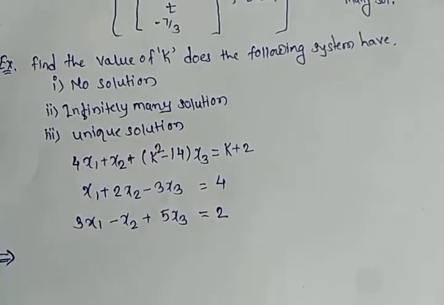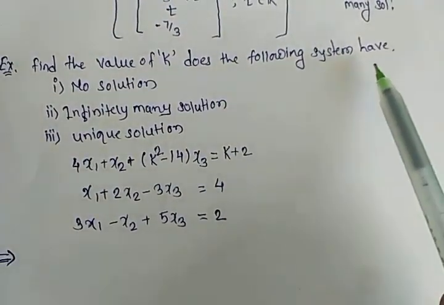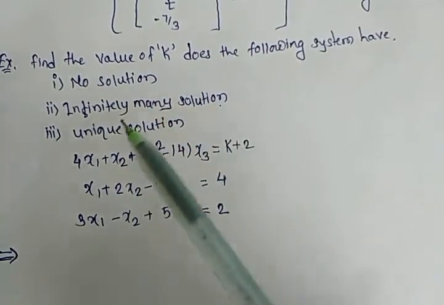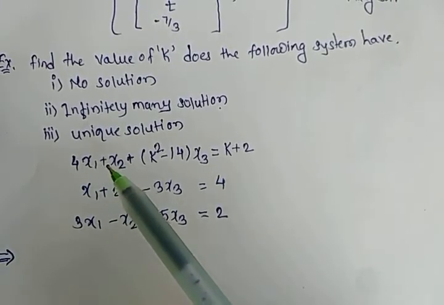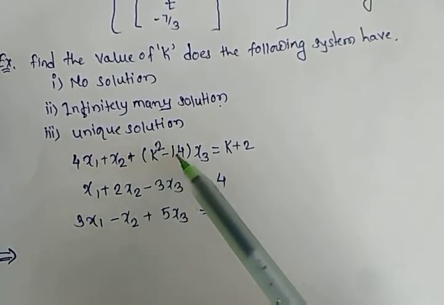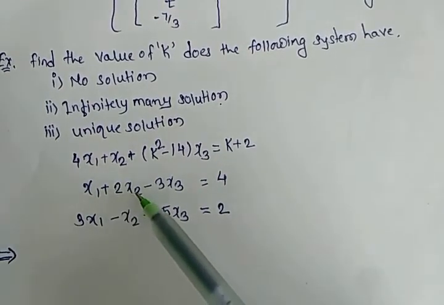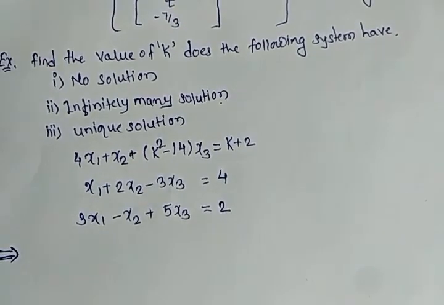Now the next example is: find the value of k. Does the following system have no solution, infinitely many solutions, or a unique solution? We are given the system 4x1 plus x2 plus (k square minus 14) x3 is equal to k plus 2, x1 plus 2x2 minus 3x3 is equal to 4, 3x1 minus x2 plus 5x3 is equal to 2.